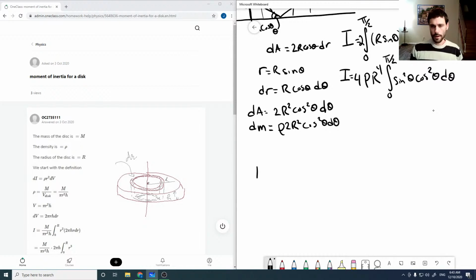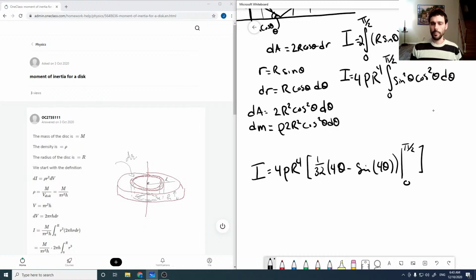So then our moment of inertia is 4 rho r to the 4th, and the indefinite integral is 1 over 32 times 4 theta minus sine of 4 theta, from 0 to pi over 2.